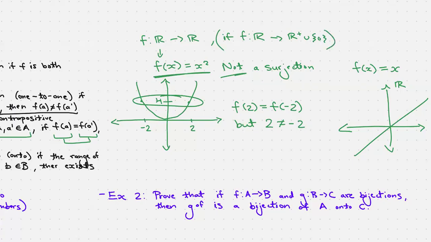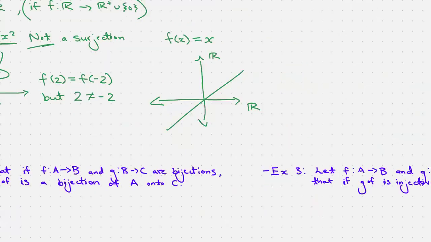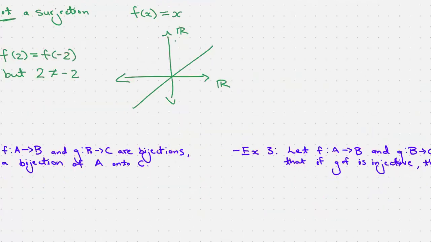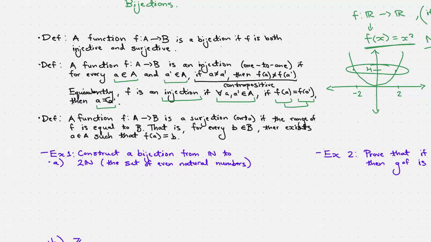Note that f of x equals x is a surjection. This is pretty clear to see, mainly because the entire range is all of R. And to rigorously show that, the method is that if we select any element in our codomain B, there exists some element back in the domain such that it will map to that element.